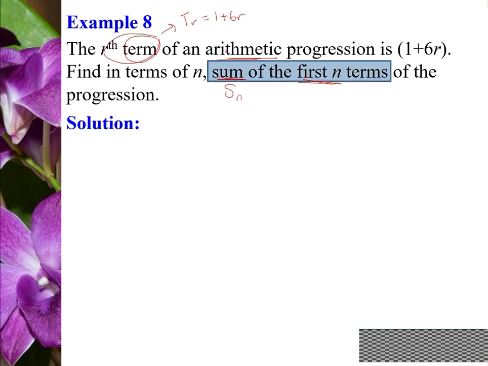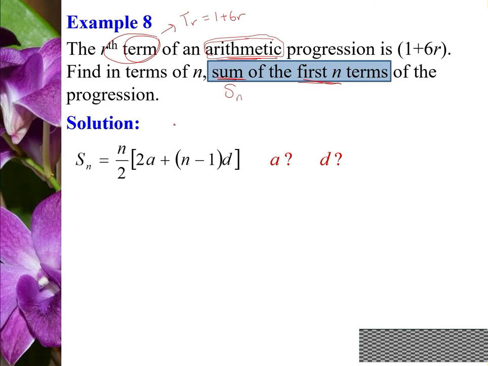To solve this question, the word arithmetic progression is the most valuable information that we need to know. Since we know this is an arithmetic progression, we can use the formula of sums, Sn, and also the formula of Tn. But now, since the question has given us the general term of this arithmetic progression, which is 1 plus 6r, then we don't have to use the formula of Tn.